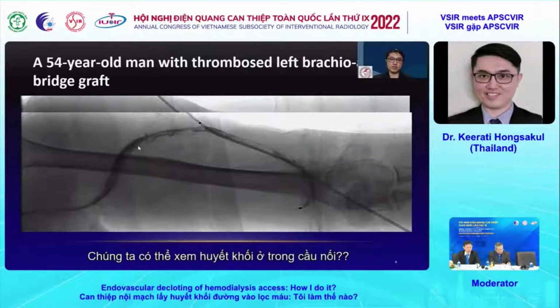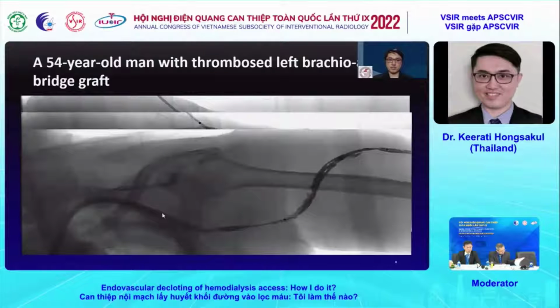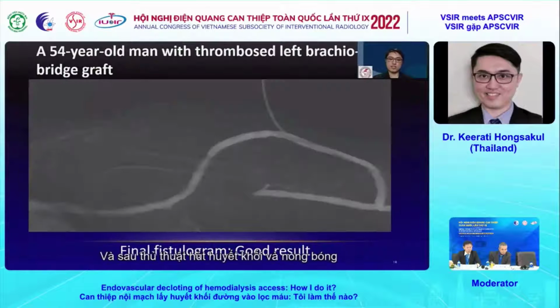You can see there's some residual clot in the graft, and also the underlying severe stenosis of the graft and the venous anastomosis. And this is after the procedure, after lysis and balloon angioplasty. You can see it's a good result on the angiogram.